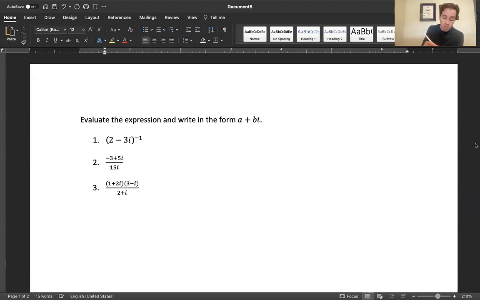Negative 3 plus 5i over 15i. It seems like there is no conjugate to multiply by because the complex number on the bottom doesn't come in two pieces. But when you think about it, we also don't have a way of dividing by a single imaginary number. So we are still going to do conjugate multiplication here.